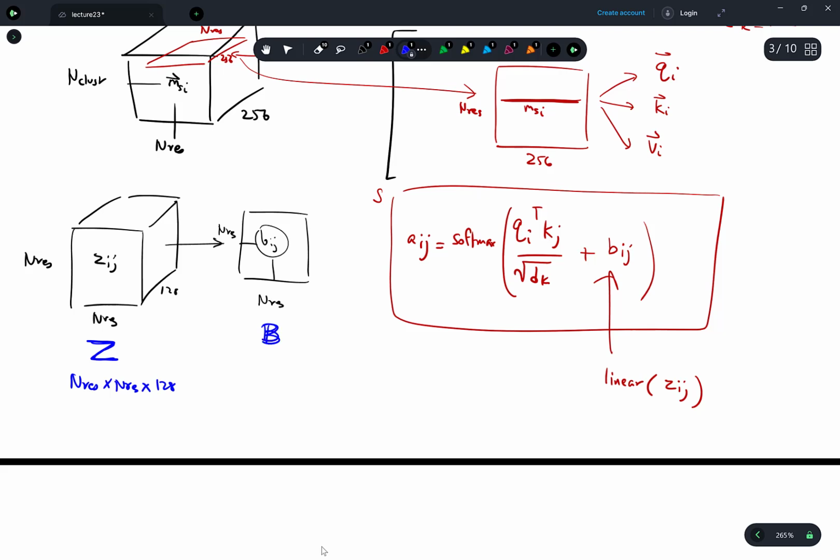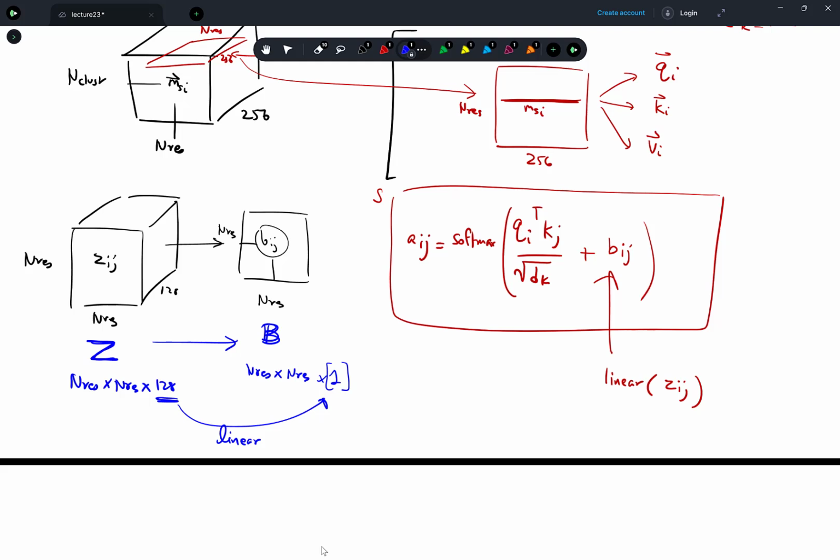So how did I go from here to here? Well, this has to obviously map to 1, so that's just a linear. I don't have to preserve that one dimension, because when you do the linear layer, you simply map it to 1 and then you can squeeze it out if you want, or unsqueeze it. So that's the point. That's just a linear is all we need.